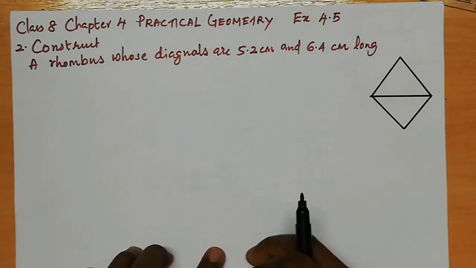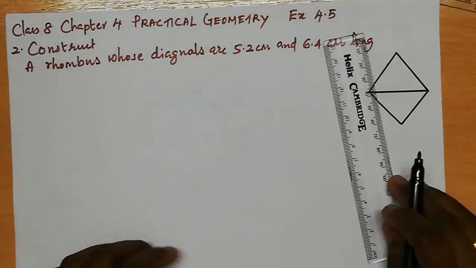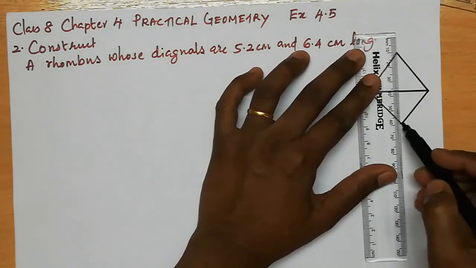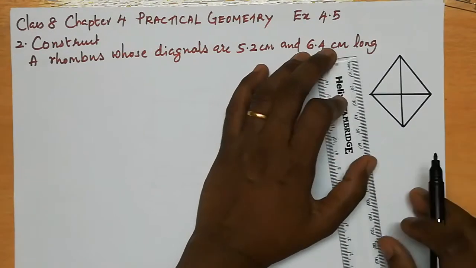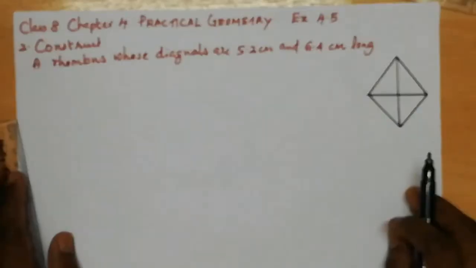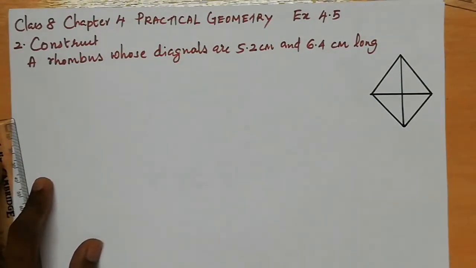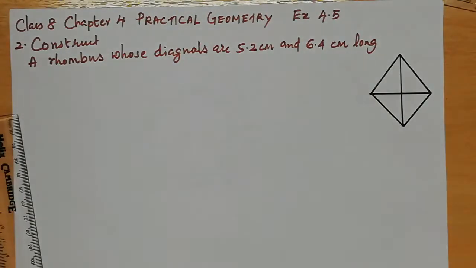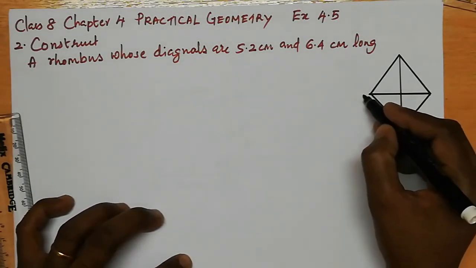So I will draw another diagonal here, and we will name that one also. Diagonal means opposite vertices should be joined together. So then we can name it. Whatever name we can give the rhombus. I will write here A, B, C, D, starting from here.